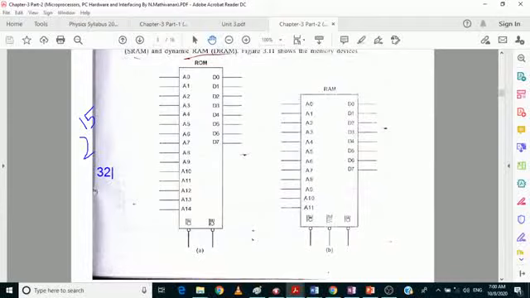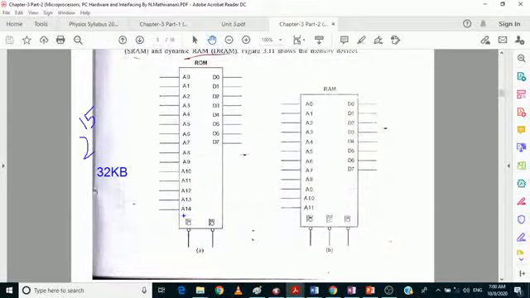So this ROM has 32 kilobytes of memory: 32 kilo locations, and each location can hold 8-bit information.